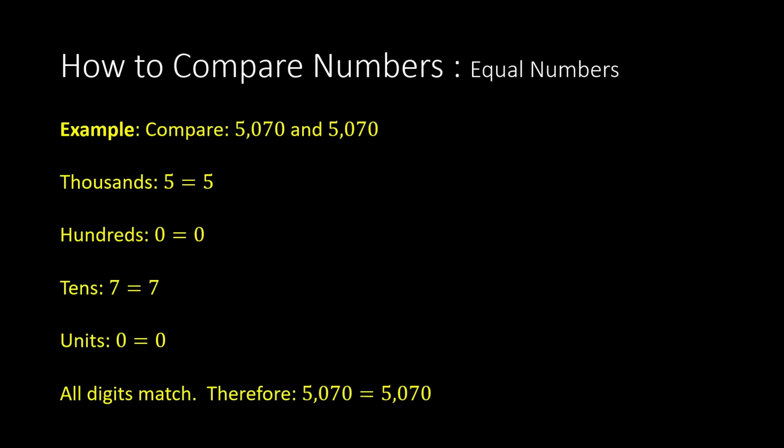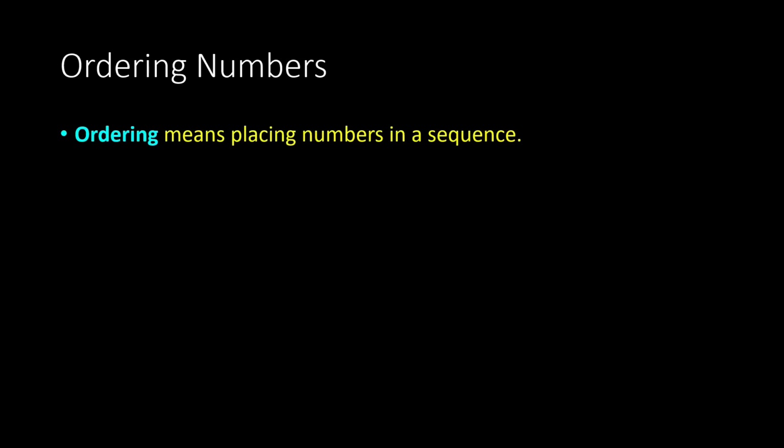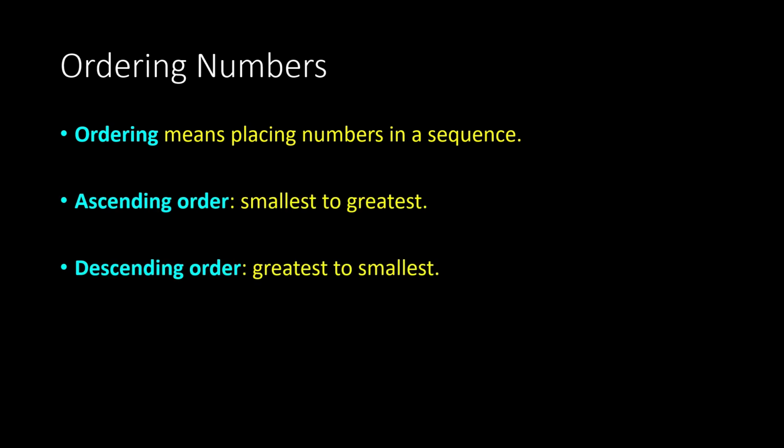Comparing helps us order numbers. When ordering, you are arranging numbers in a sequence. Ascending order means smallest to greatest. Descending order means greatest to smallest. So here's an example of an ascending sequence of numbers.